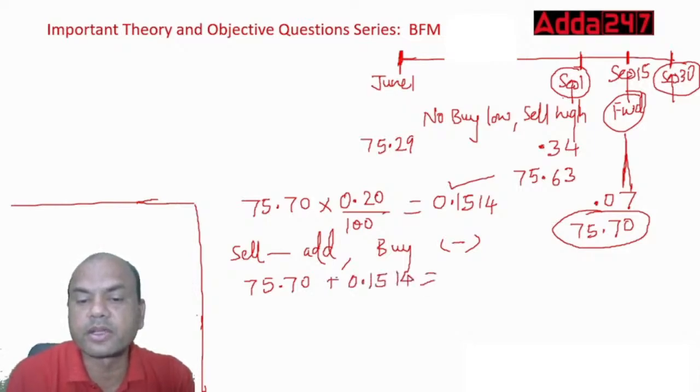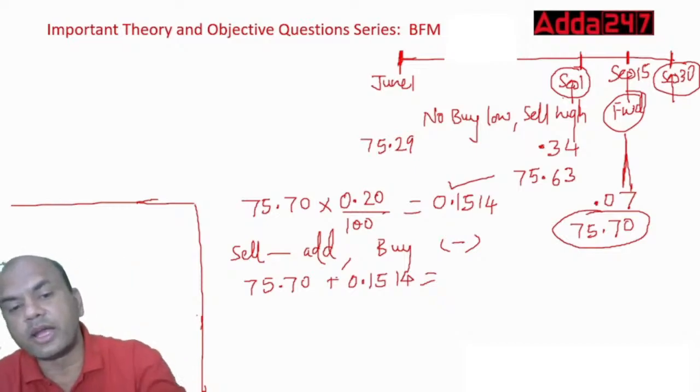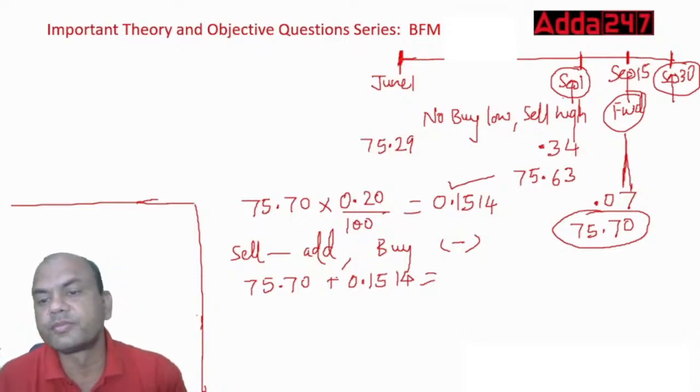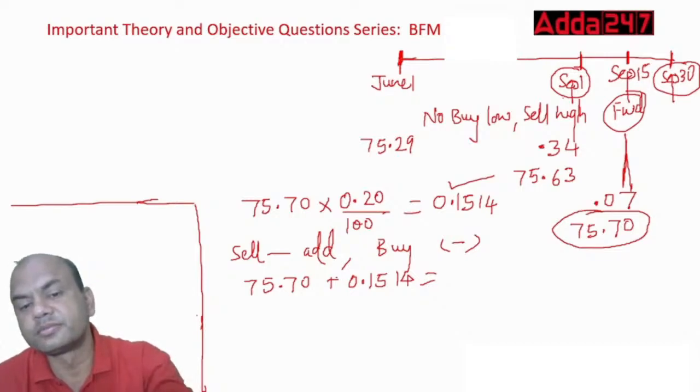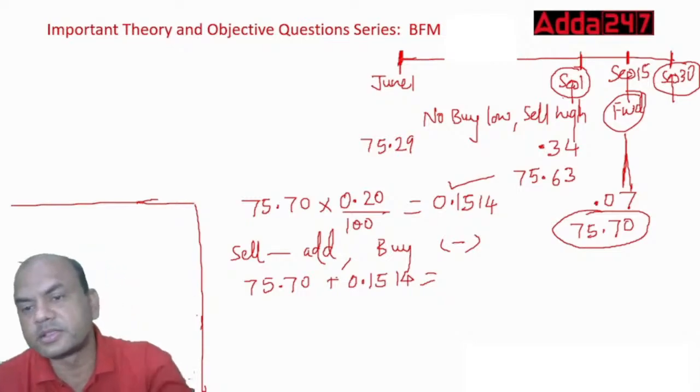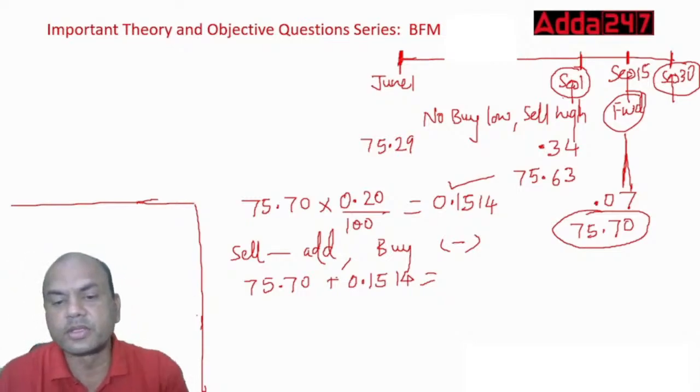What is the answer you are getting? Add it. Let me see the answer from your side. 75.7 plus 0.1514. Everyone tried; it is 75.85.